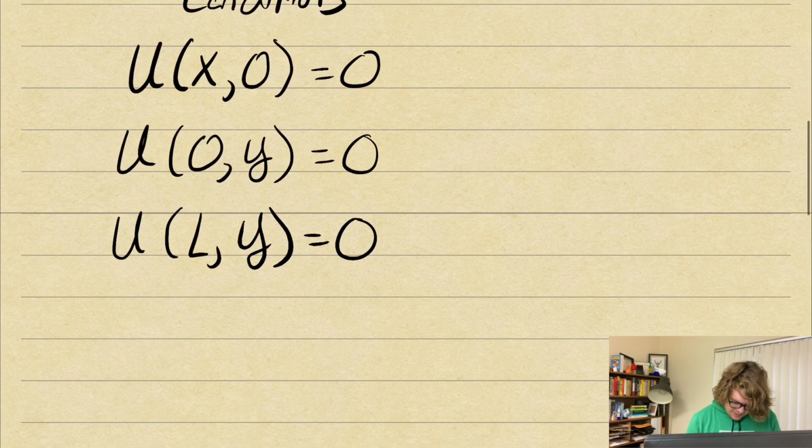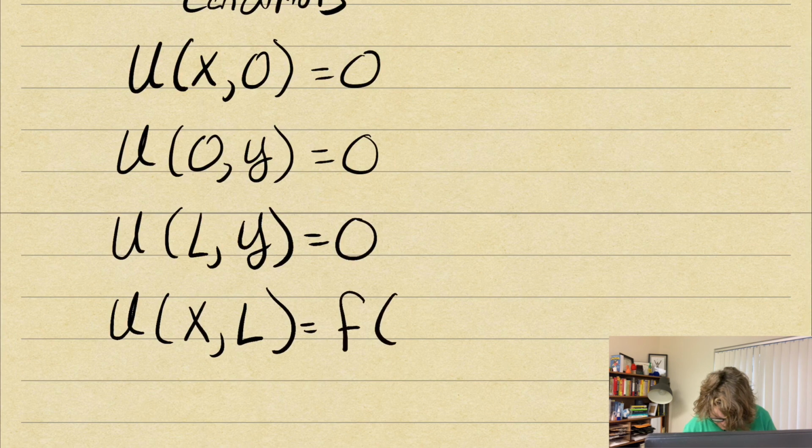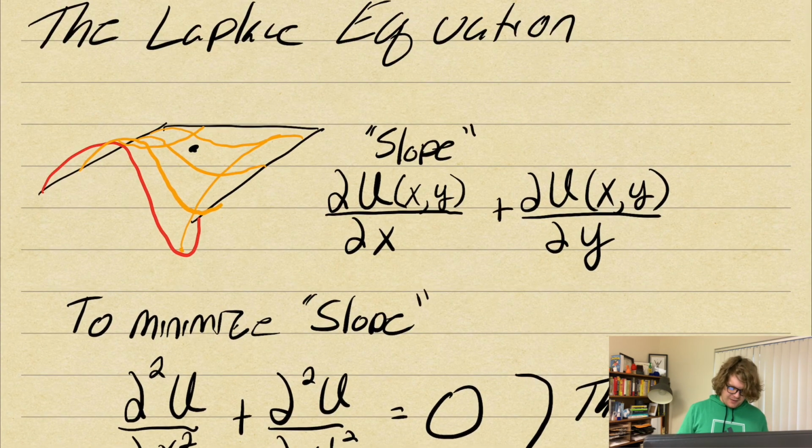And then let's do something like this. Let's say we have u of x, L equal to a function of x. So this is what we're going to think about as holding the front face of our sheet along some sort of a curve. So we're going to deform the front face of our sheet. And basically what we're setting up is exactly this, right? So we're almost imagining this as being our origin.